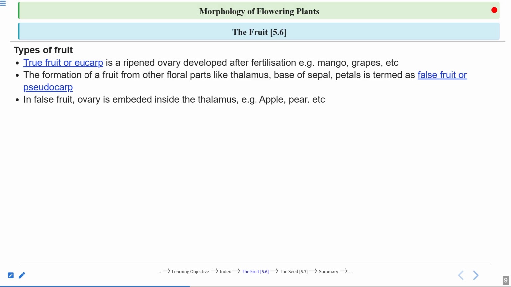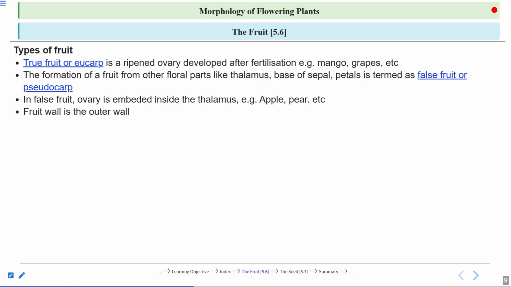In which the ovary is embedded inside the thalamus and all the floral parts are above the thalamus or the ovary. So what is that? Epigynous. Yes, here the condition is epigynous. So epigynous appears in the case of apple and pear. These are the two examples, right? False fruit formation takes place here.